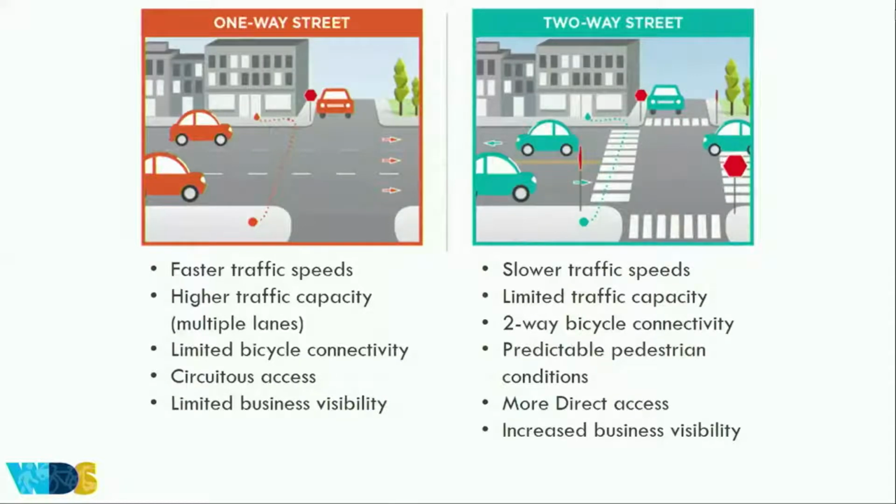It's also more intuitive for folks who are from outside of downtown, and it increases business visibility because you are able to see the business from 2 different directions as opposed to just getting one chance for folks to see it. So those are some of the trade-offs. It's not a comprehensive list, but it's some of the things that we looked at as we were talking with community members about the concepts and about the existing streets.